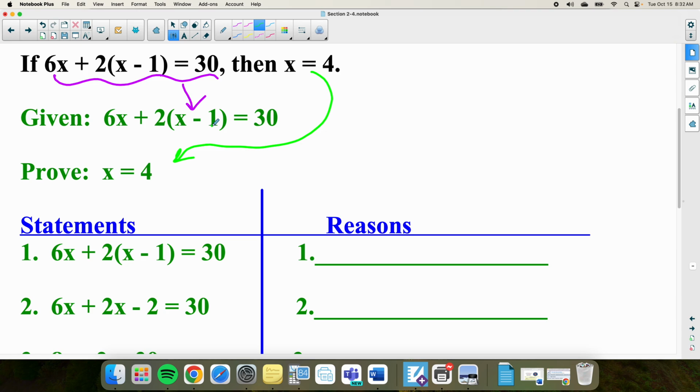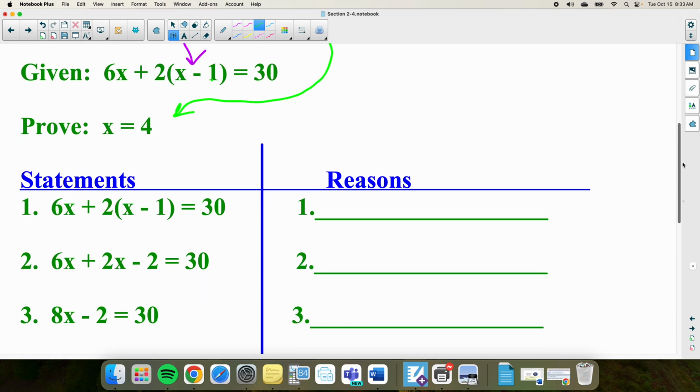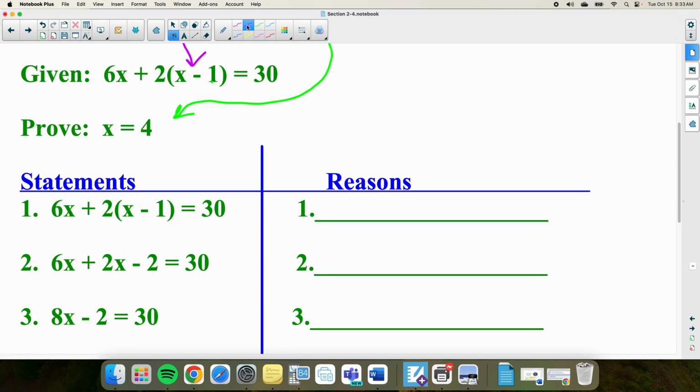That's every proof that you ever copy out of a textbook. That's what you have to do. When you start one of these proofs, the given is always put on the first blank, and what your reason for that is given. So it's like what you were given to start. Okay? In an algebra proof, it's always your beginning equation.